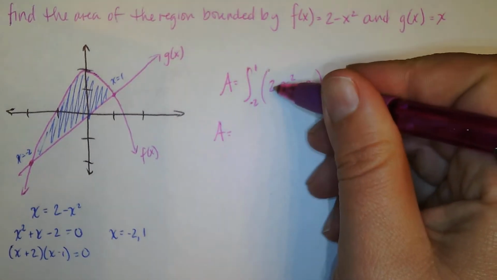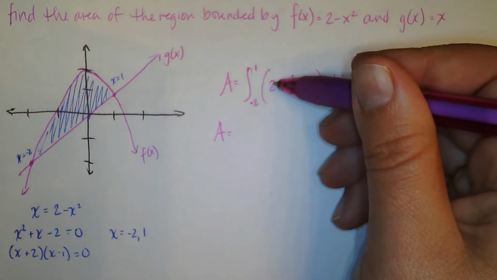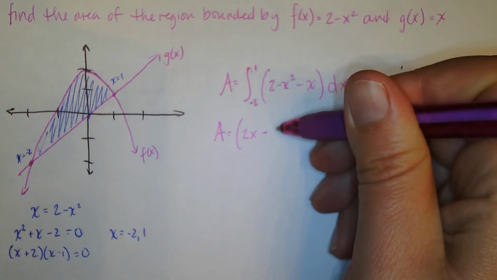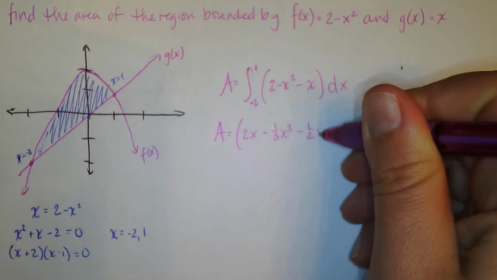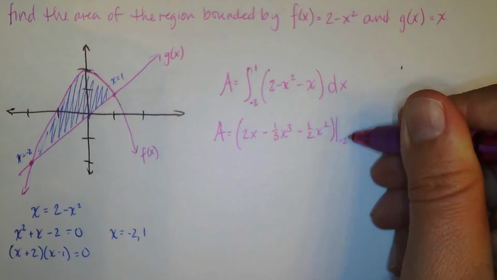Anyhow, let's see. This is going to be 2x minus 1/3 x cubed minus 1/2 x squared, evaluated from negative 2 to 1.